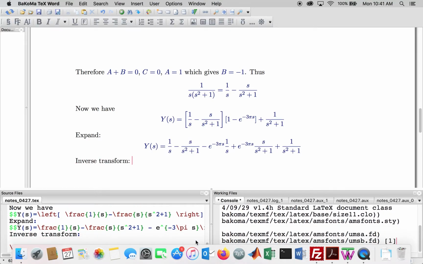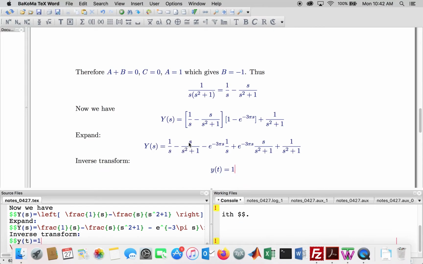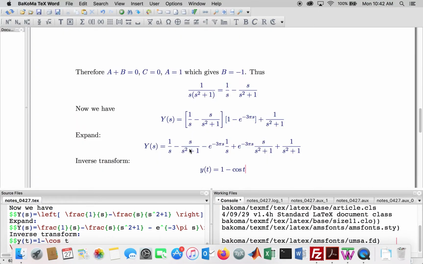Now, to inverse transform y of t, well, the inverse transform of 1 over s is just 1. This s over s squared plus 1, that is cosine of t. And then over here, what I have is 1, but because it's multiplied by e to the minus 3 pi s, that's going to be multiplied with a unit step function.